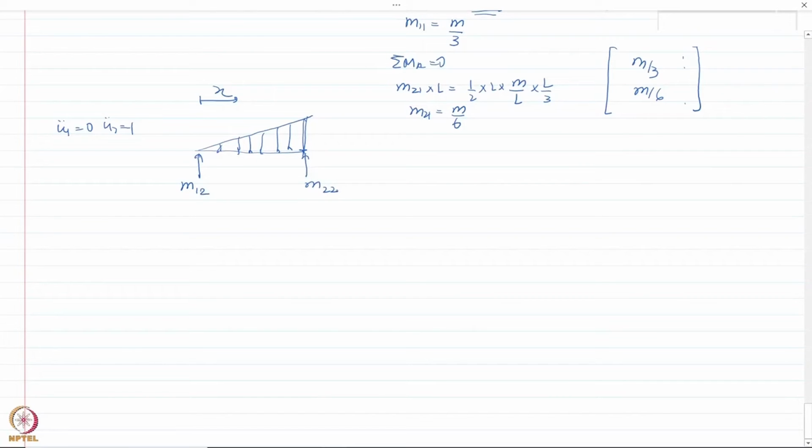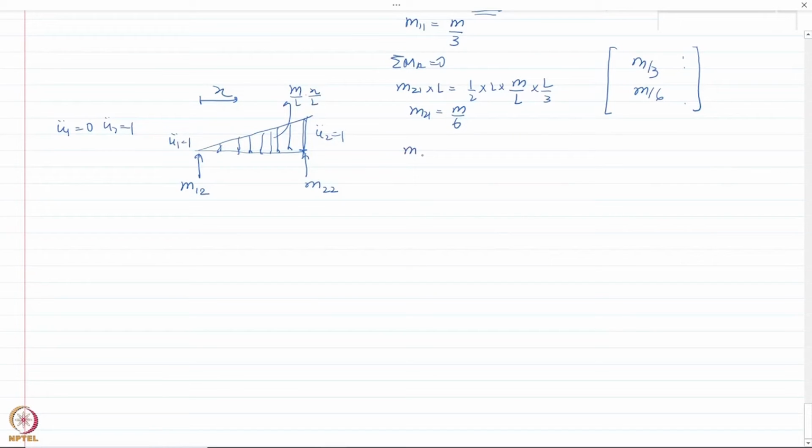Okay, and then the force that we'll have here, remember again this is u2 equal to 1 and the inertial force at any distance is the same quantity m by L times the acceleration x by L. Okay, so I can employ the same equilibrium equation.